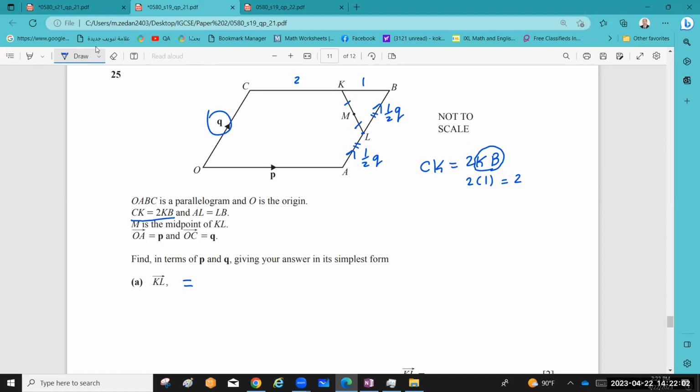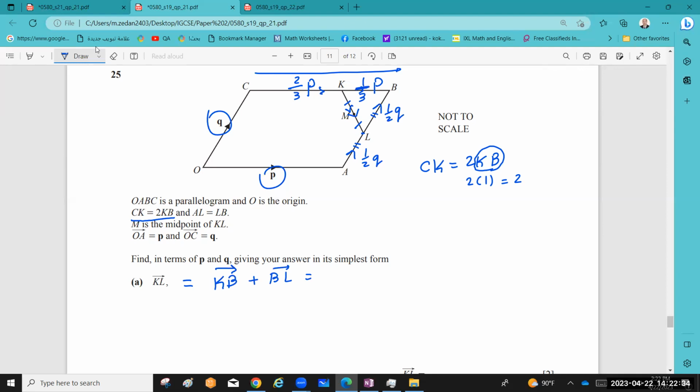And this vector is P. The whole part is also P. It is divided in a ratio 2 to 1. This is 2/3 P, and this one is 1/3 P. So the KL, as you see, is simply the KB vector plus the BL vector, okay?